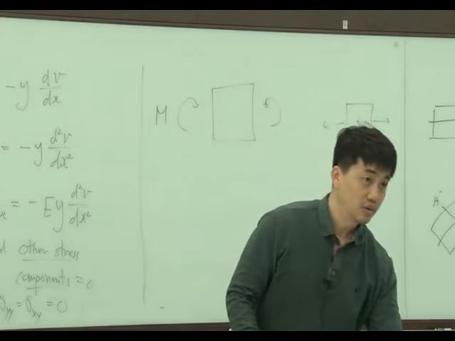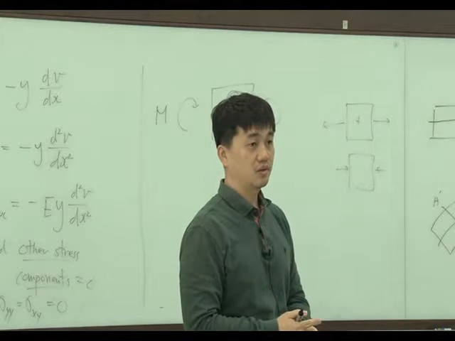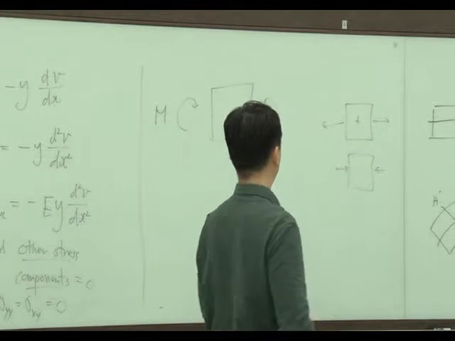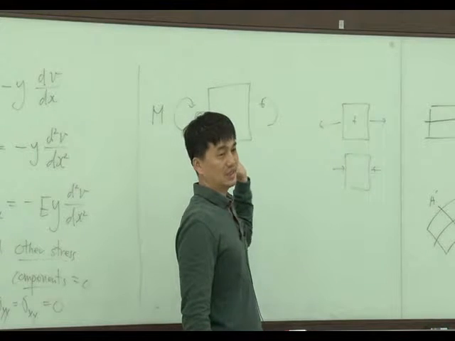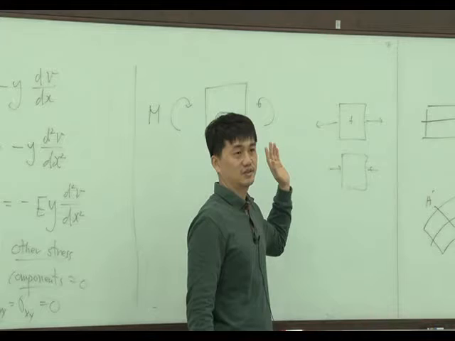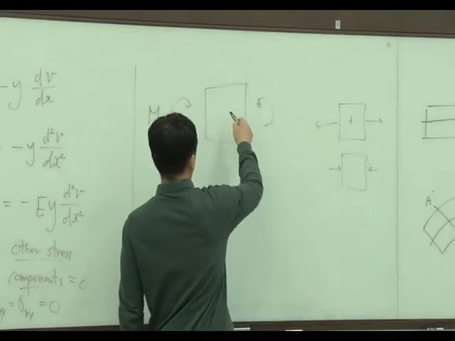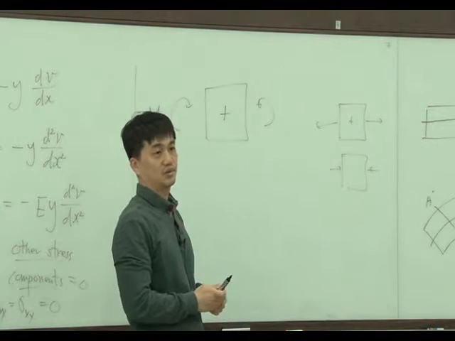So, cross-sectional bending moment comes from where? Integration of stress on the cross-section. So bending moment is the same thing as the stress. So we need to define the sign also.